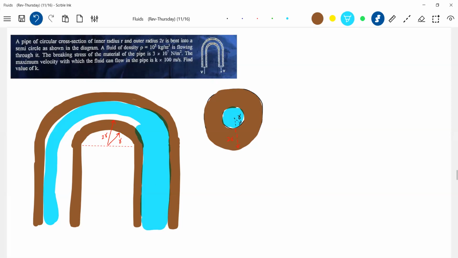Sir, in the first figure, how did you mark R and 2R? Those dimensions won't be R and 2R. That's one curvature, of a circle. Yes, I got it. It has some other curvature. I think I marked it wrong.